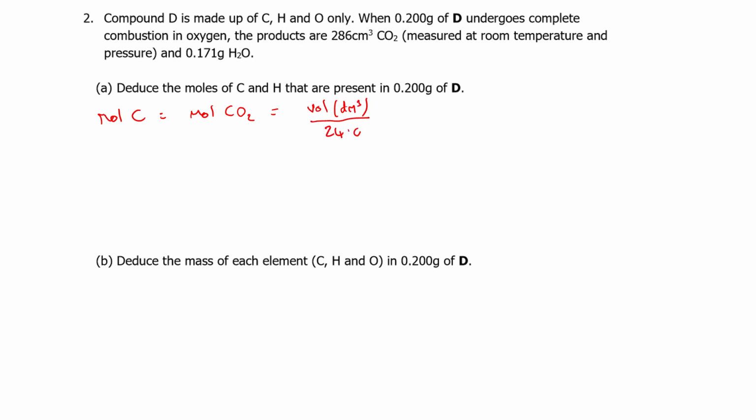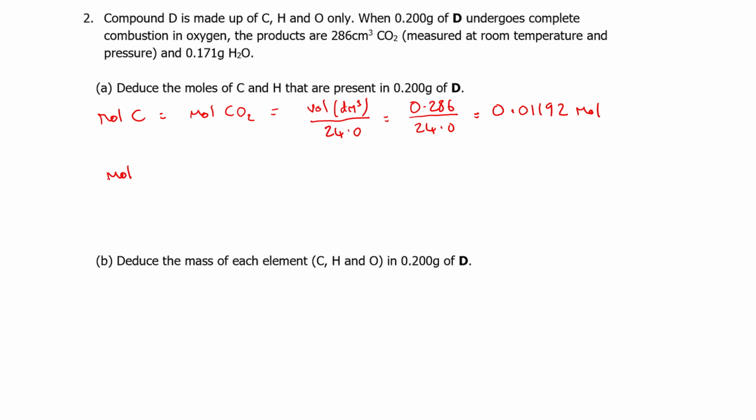Okay, so plug the numbers into that. 286 cm cubed is 0.286 dm cubed. So divide that by 24.0 and we get 0.01192 moles of carbon.